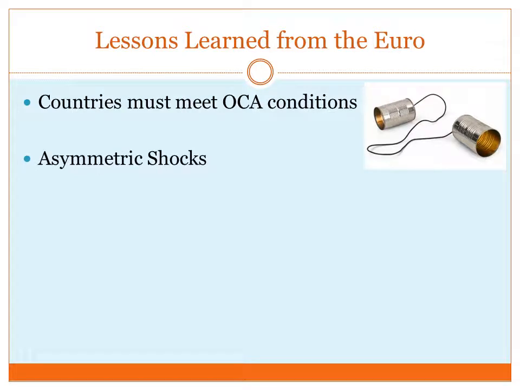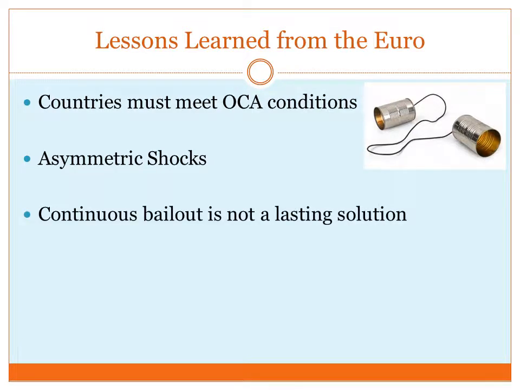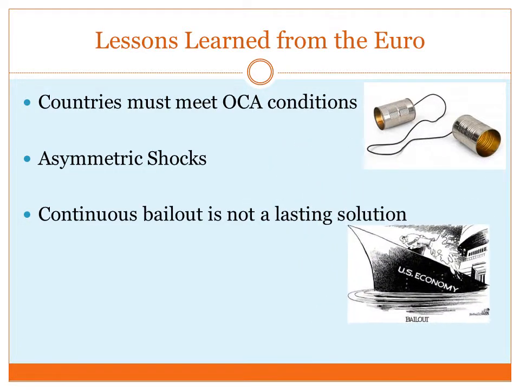As long as the member countries are affected by asymmetric shocks, imbalances in production, consumption, investment, government spending, and trade are likely. It would be risky to rush for a monetary union without attaining a symmetric environment. Furthermore, the debt crises in Greece, Spain, and other European countries, and the subsequent efforts of fellow EU countries and the IMF to bail them out, illustrated that continuous bailout is not a lasting solution and only leads to more debt.